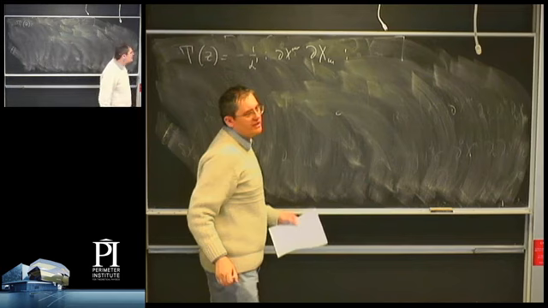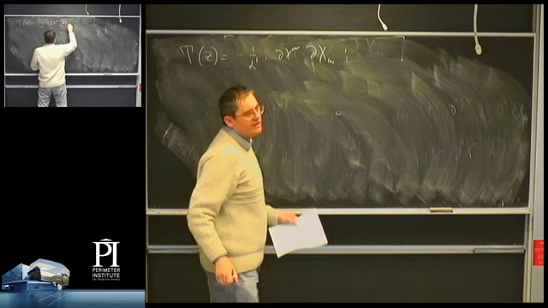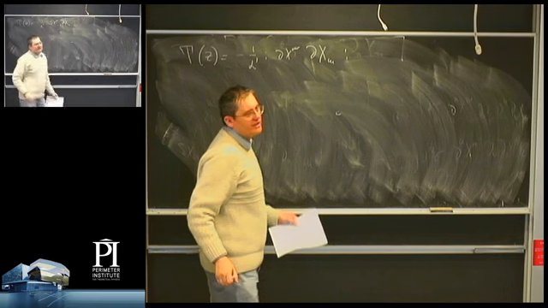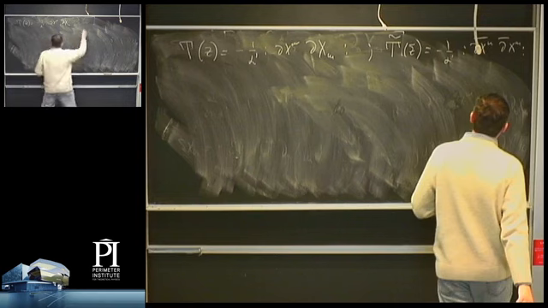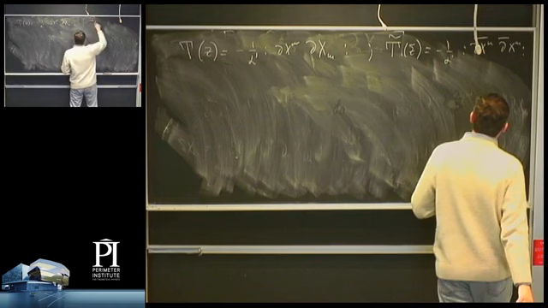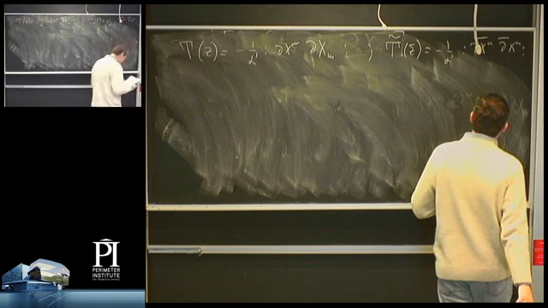The second piece will not, because it will be g_zz, which vanishes once I go into the holomorphic frame. So T of z is minus 1 over alpha prime, del X^mu del X_mu. And you can explicitly see that it must be holomorphic because the del X's are holomorphic. Similarly, I have T tilde of z̄ equals minus 1 over alpha prime, del bar X^mu del bar X_mu. Okay, very good.